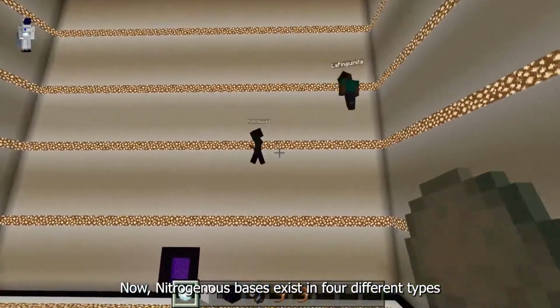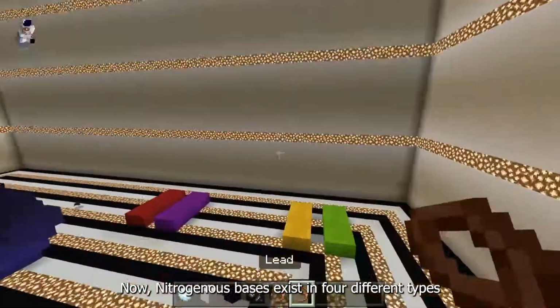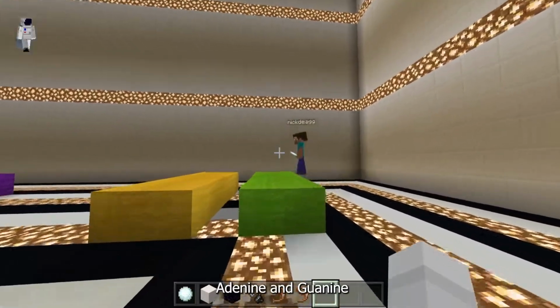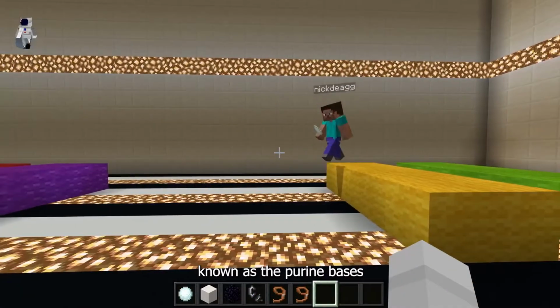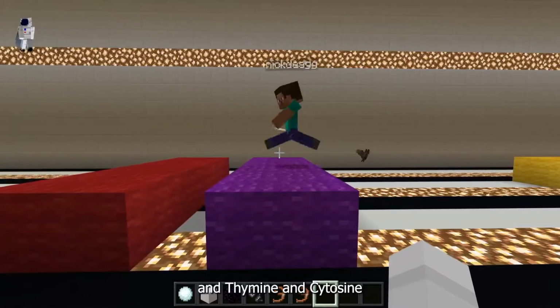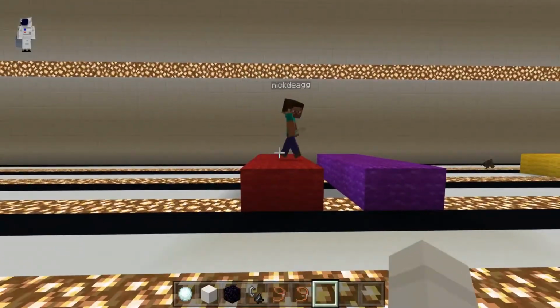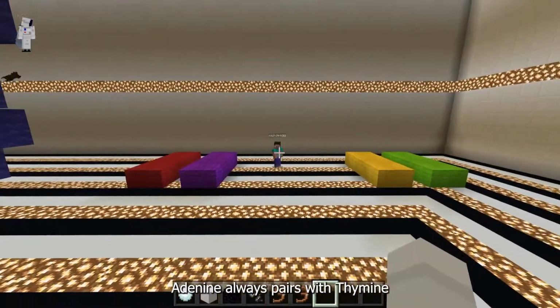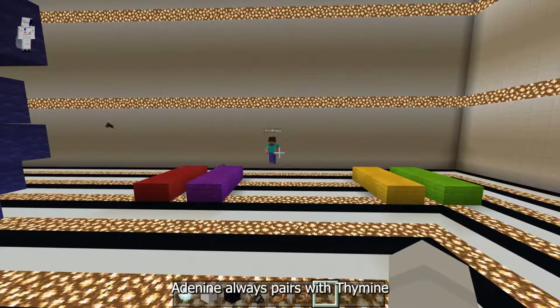Now, nitrogenous bases exist in 4 types: adenine and guanine, known as the purine bases, and thymine and cytosine, the pyrimidine bases. Adenine always pairs with thymine, while cytosine always pairs with guanine.